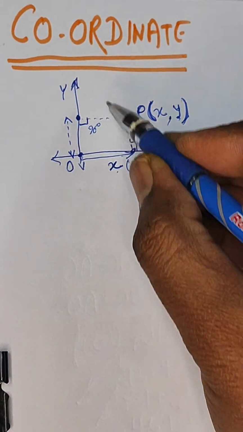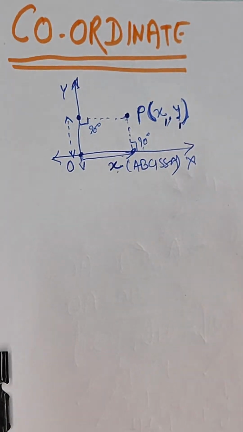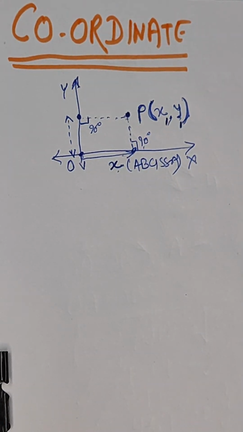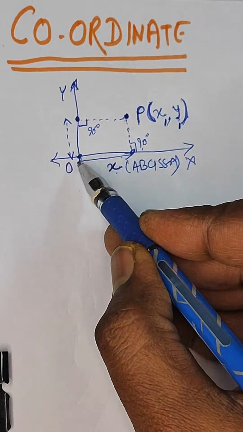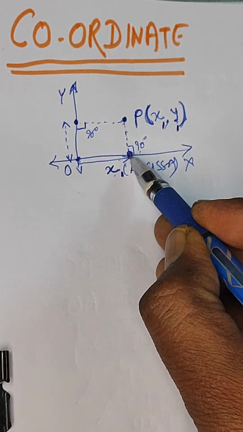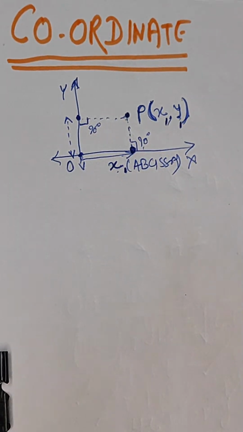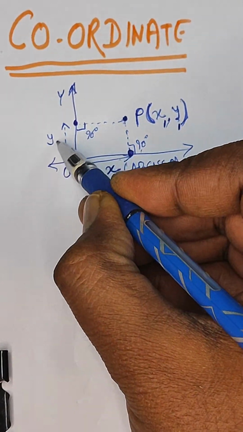So instead of writing x and y, let me write x1 and y1. If x1 and y1 are the coordinates of this point, then this point can be plotted on the x-axis as x1, and here on the y-axis as y1.